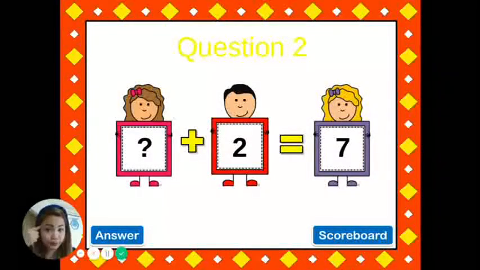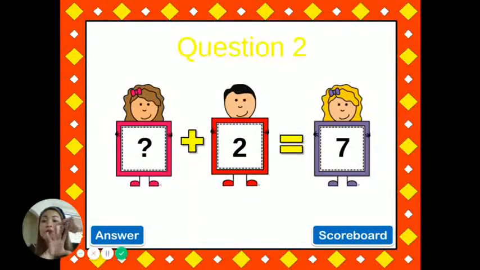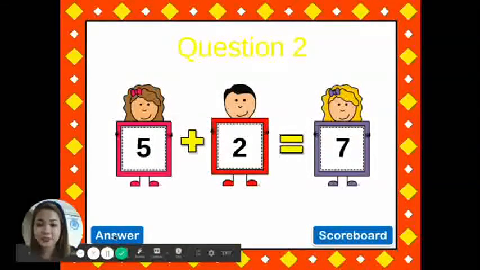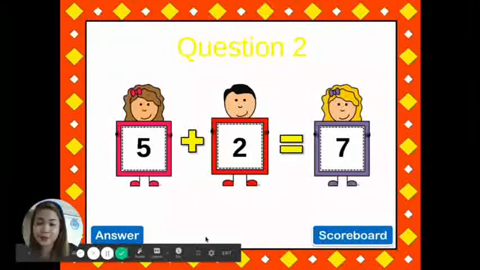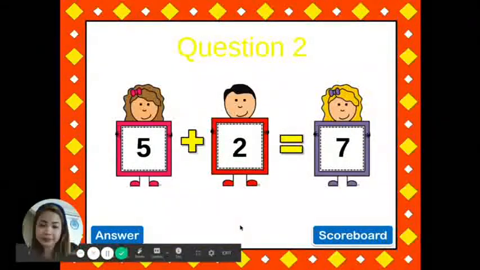Say 2, 3, 4, 5, 6, 7. I reached 7 already. So how many do I have in my hands? 1, 2, 3, 4, 5. 5. Very good. Let's reveal the answer. Yes, it's 5. So 5 plus 2 equals 7.